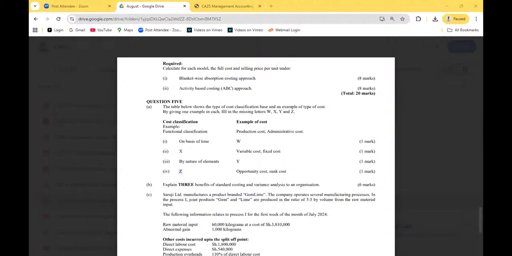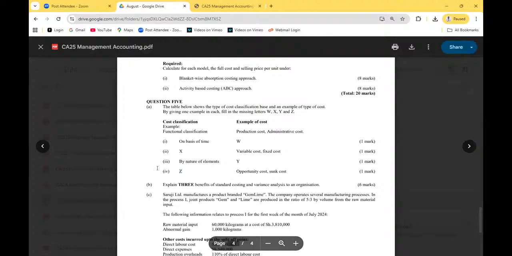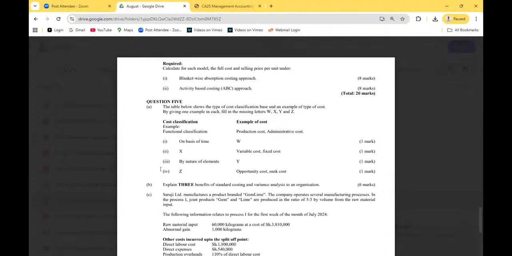Then sunk cost. Sakaja is almost giving a project of cooking 1 million chapati, only to realize that this responsibility has now been transferred from Nairobi County to national government. So it is now not under the control of Sakaja, but national government.